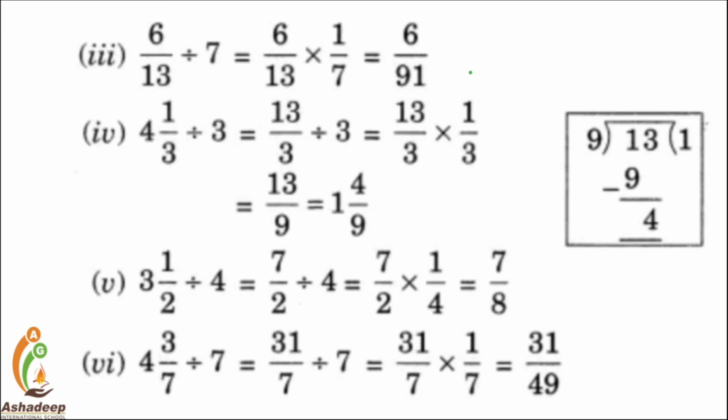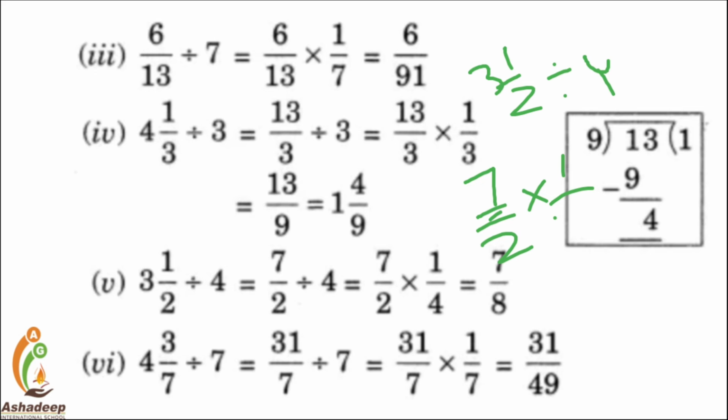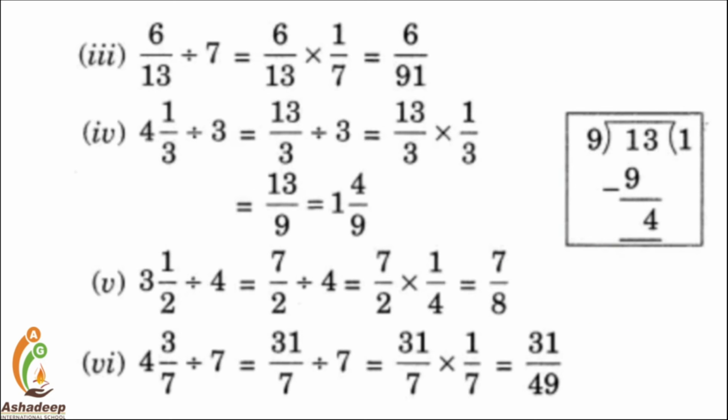Then 3 1 upon 2 divided by 4. 2 3s are 6, 6 plus 1, 7 upon 2 into 1 upon 4, so 7 upon 8. Proper fraction, so it will remain as it is.